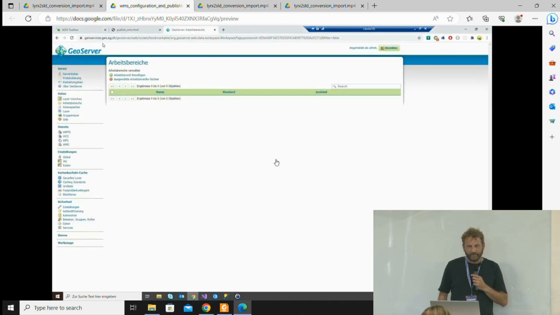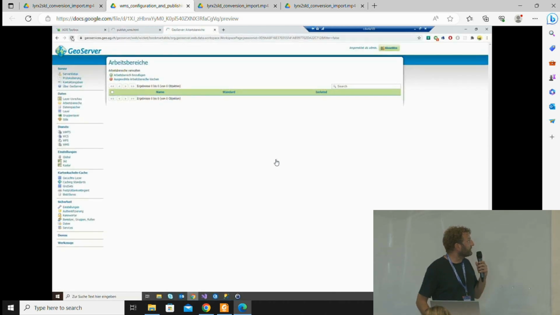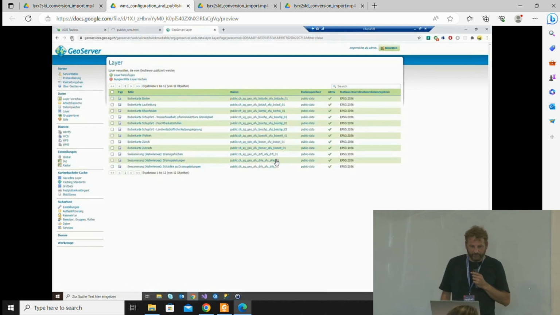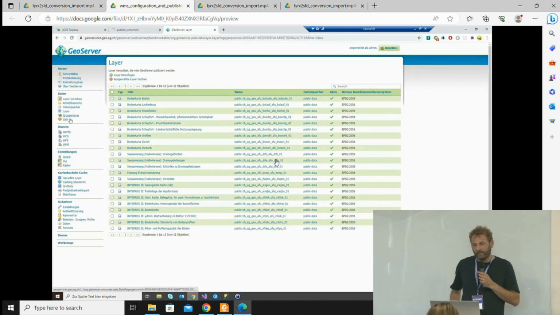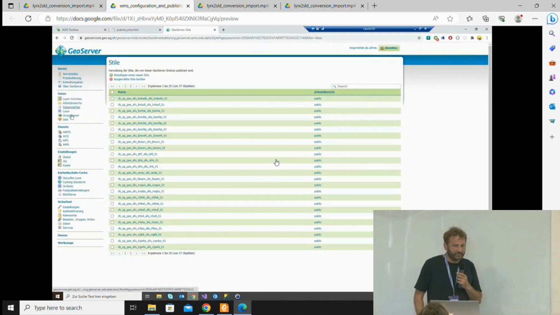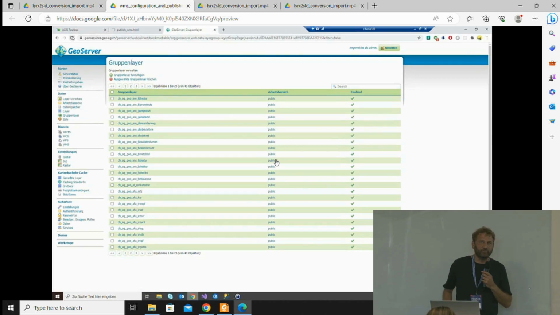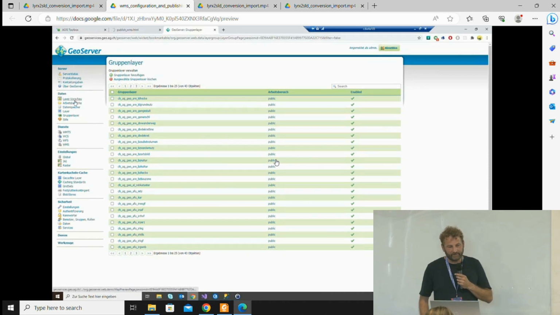It's read and sent to GeoServer. If I trigger this publishing service, you can see there's something going on in GeoServer. There are workspaces built. We have a draft workspace, and the layers appear. And for these about 600 to 1,000 layers, this process takes, I think, about 10 minutes.